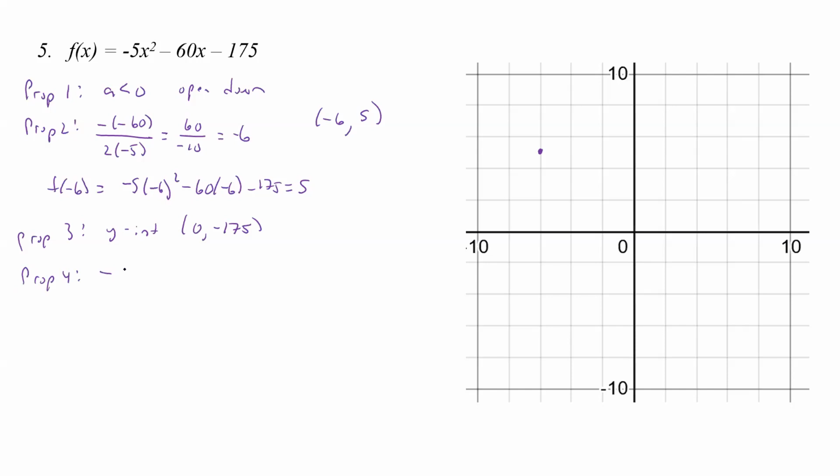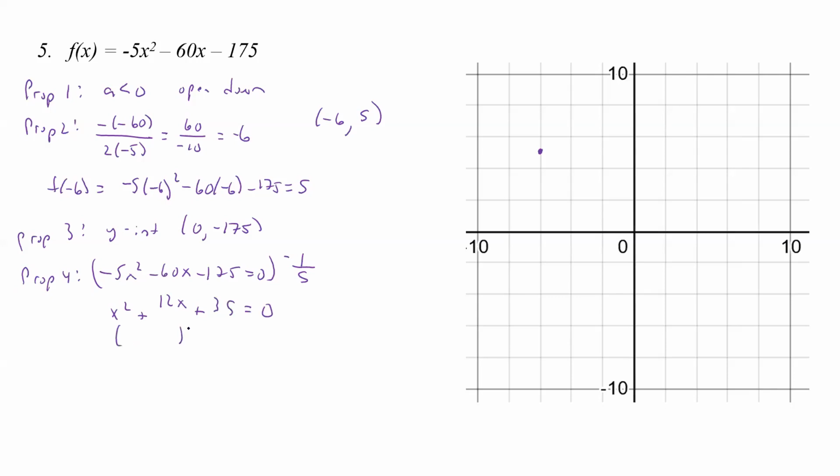We have negative 5x squared minus 60x minus 175 equals 0. Now, they all have a factor of 5 in them, and I'm going to make that first one a positive. So if I divide by negative 5, that's going to give me x squared plus 12x plus 35.